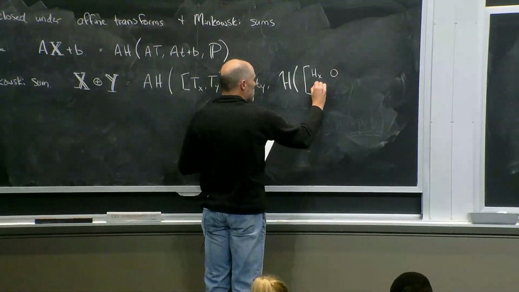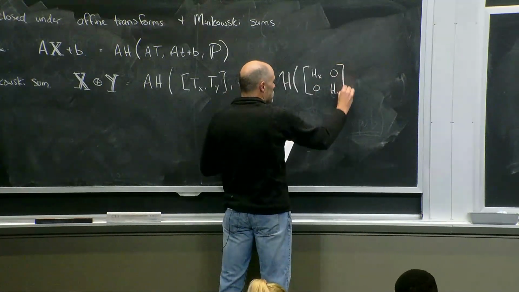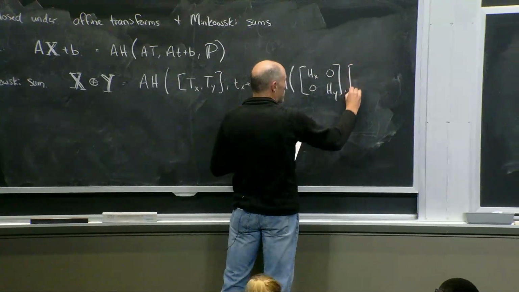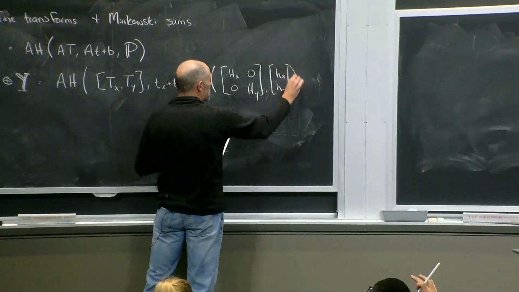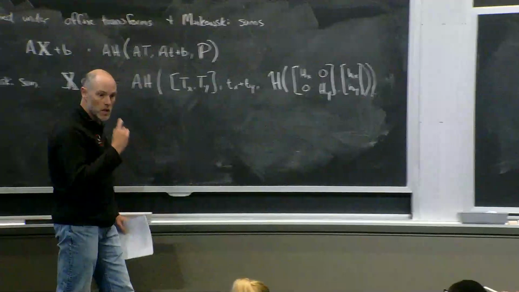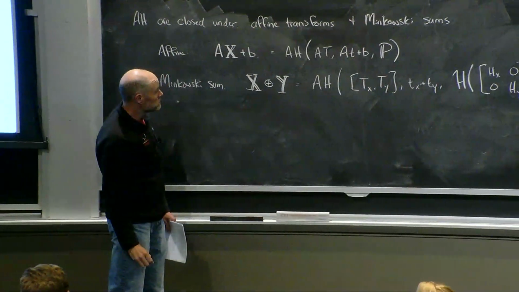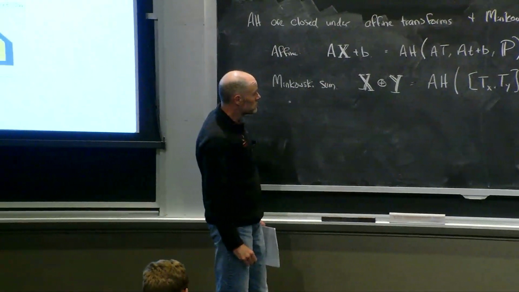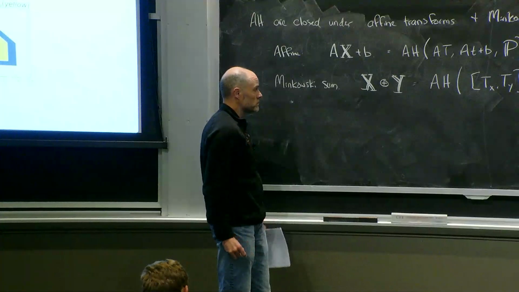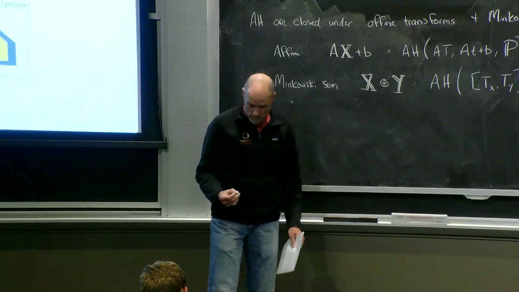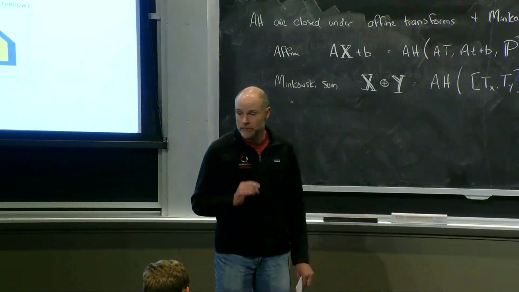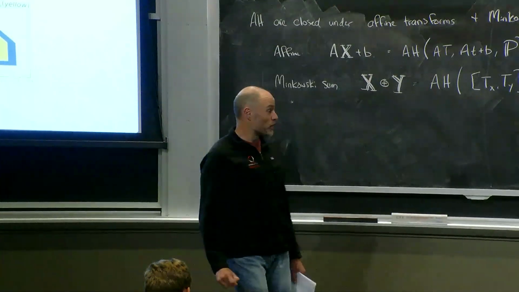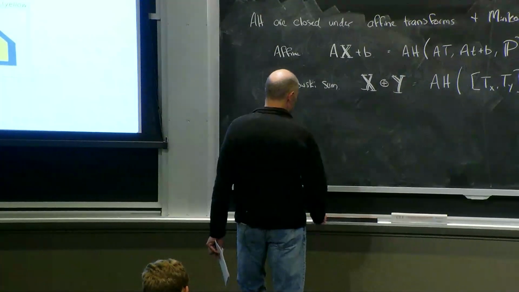If you take any two polytopes and you want to take the Minkowski sum, you can just write a new AH polytope that looks like this. Okay. That's just the background.